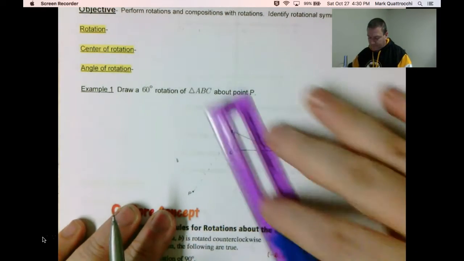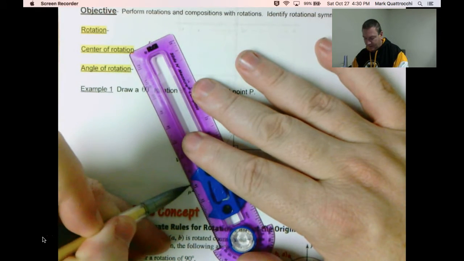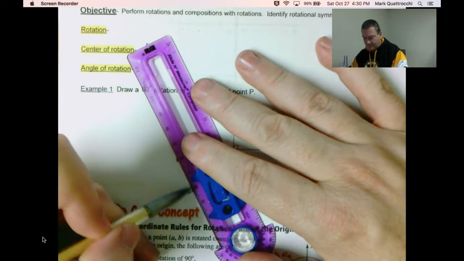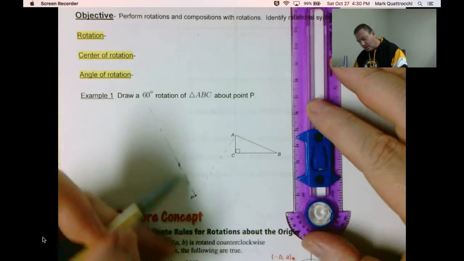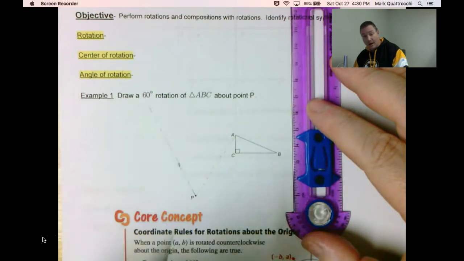And now I'm going to extend out past that mark to get it more accurate. There we go. And somewhere along this ray here is point A prime.